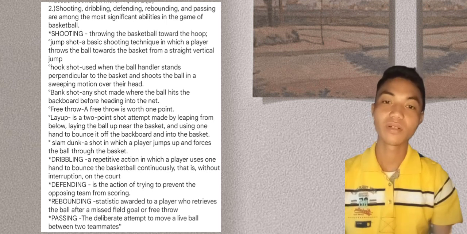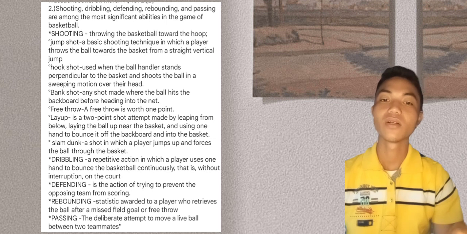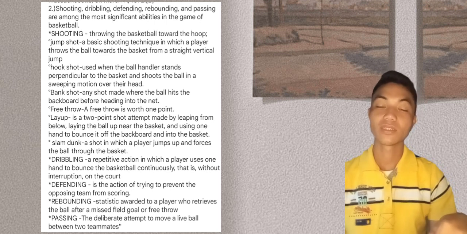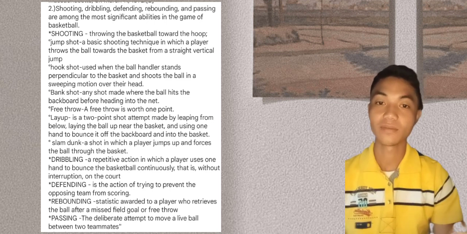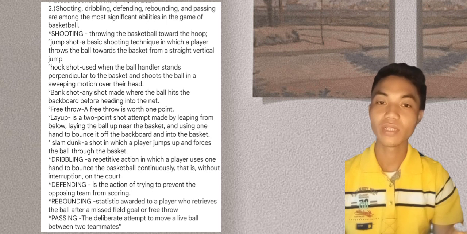Next is rebounding, a statistic awarded to a player who retrieves the ball after a missed field goal or free throw. The last basic skill is passing, the deliberate attempt to move a ball between two teammates.